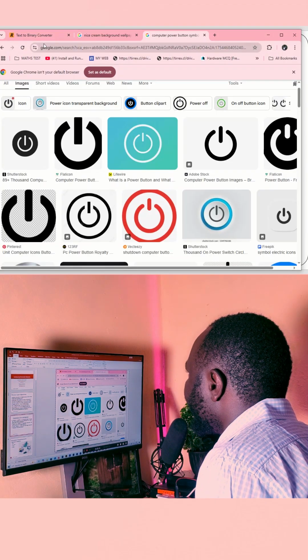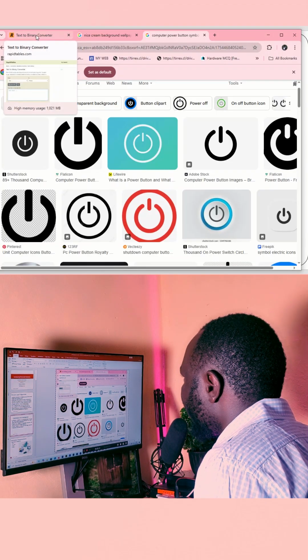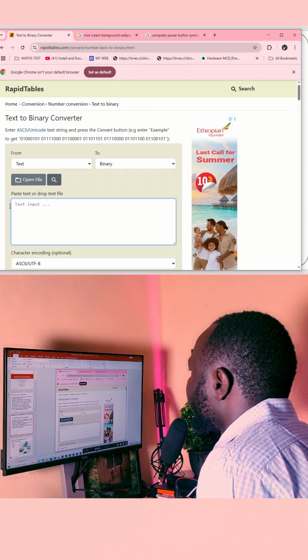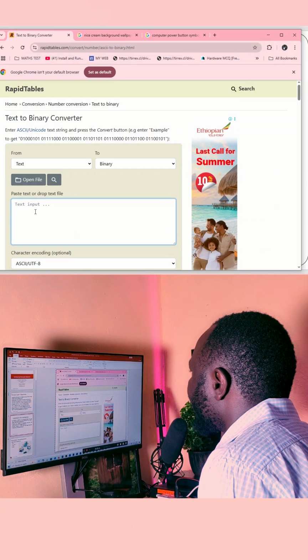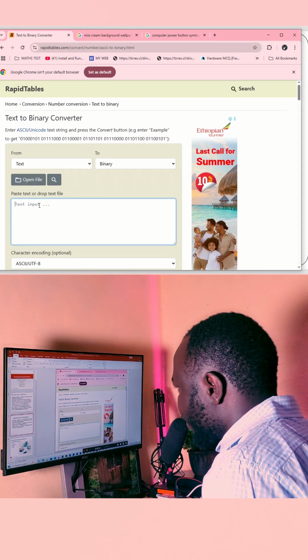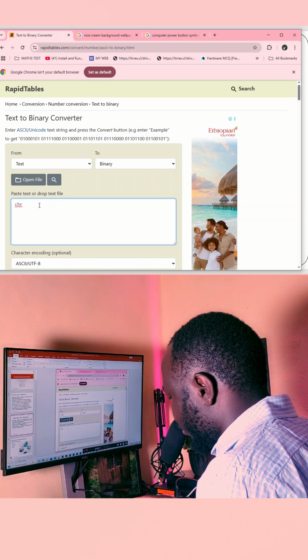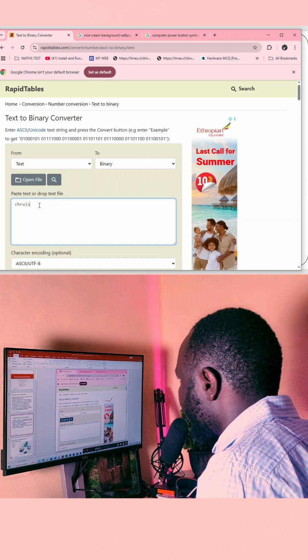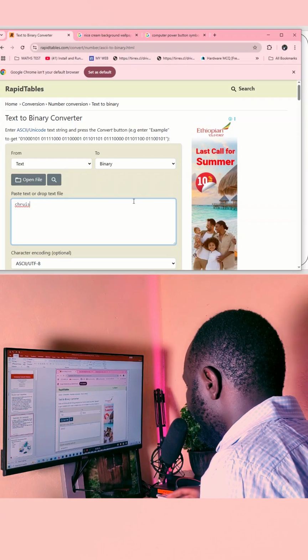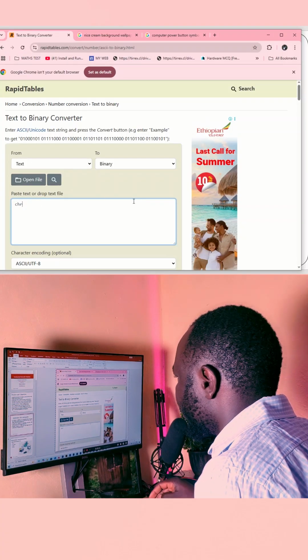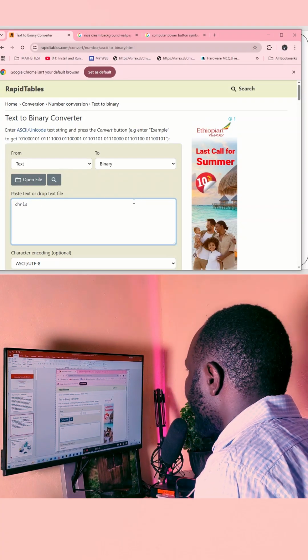And when we come to our binary base here to try to understand very well what I'm talking about, let's say we have a word like Chris. So we have text to binary: Chris.